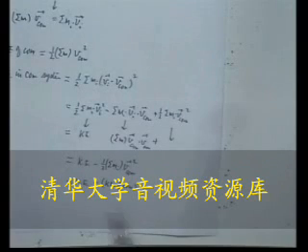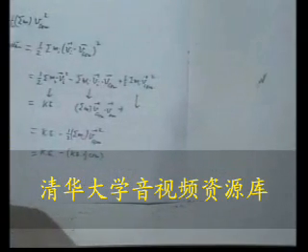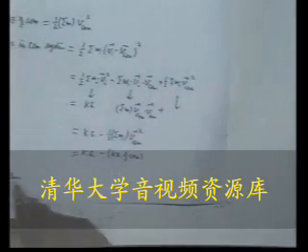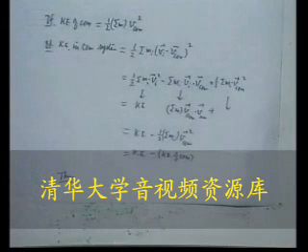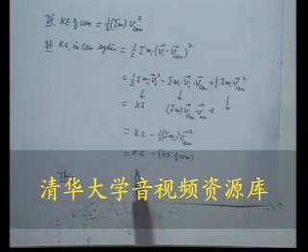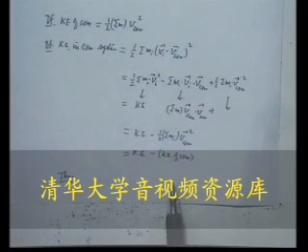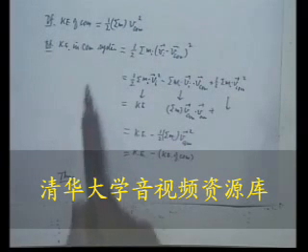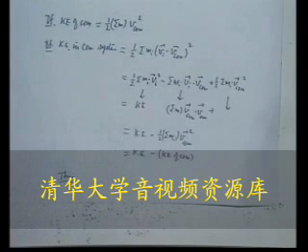So if I now move this onto this, we have a theorem. The theorem says the total kinetic energy, which is this term, is equal to the kinetic energy of the center of mass plus the kinetic energy in the center of mass system.